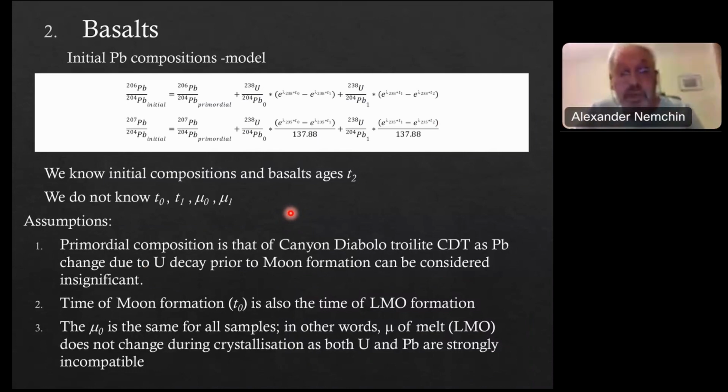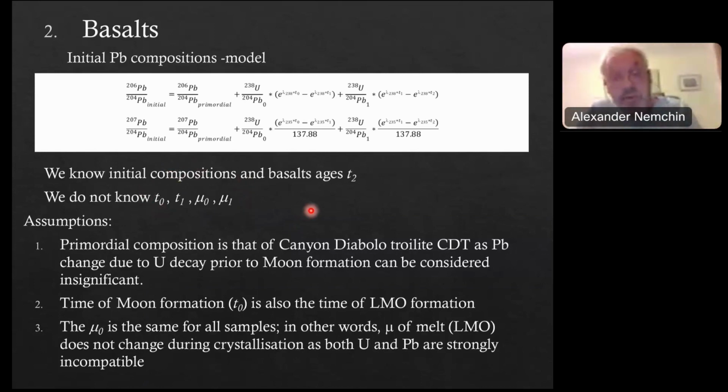We don't know the time of formation of sources of these basalts. We don't know mu of the lunar magma ocean, and we don't know mu of the sources. Nevertheless, we've got two equations for four unknowns, but we can play a little bit and at least try to establish some limits for these parameters.